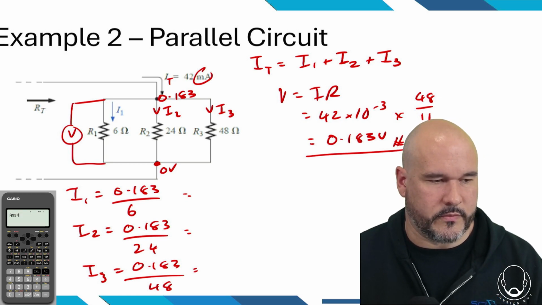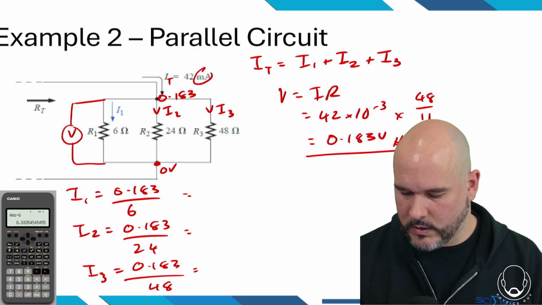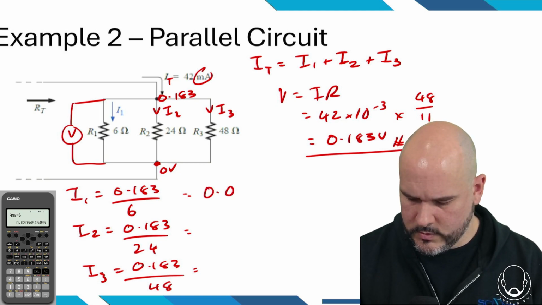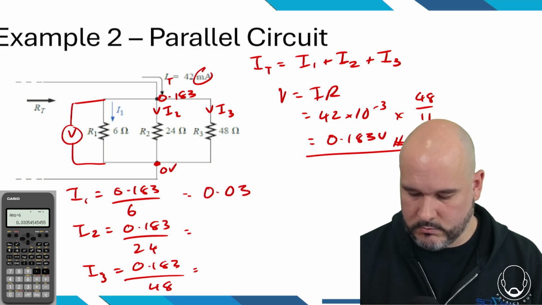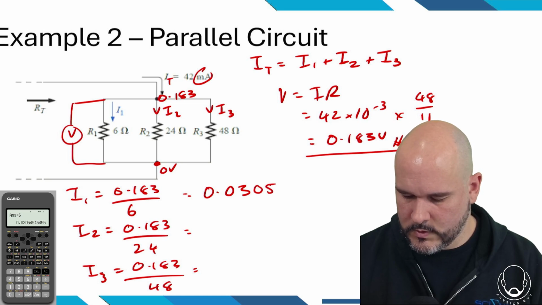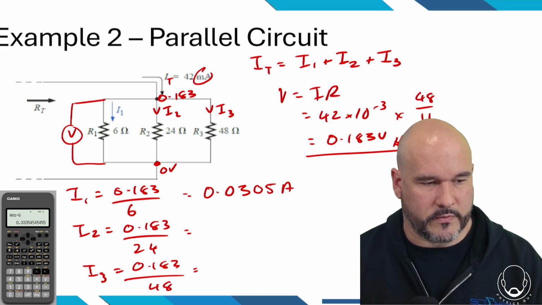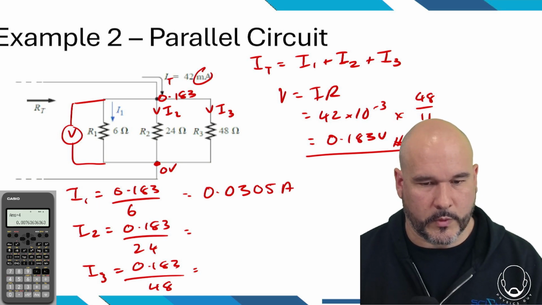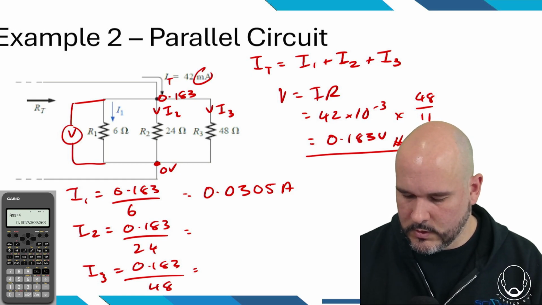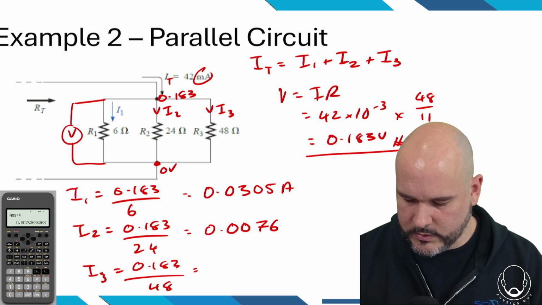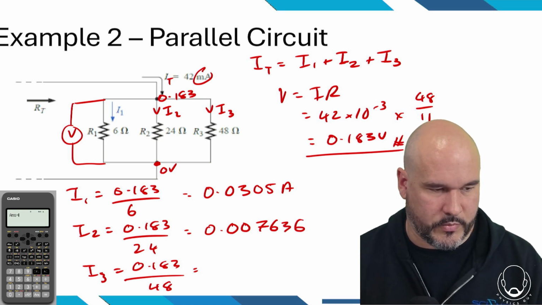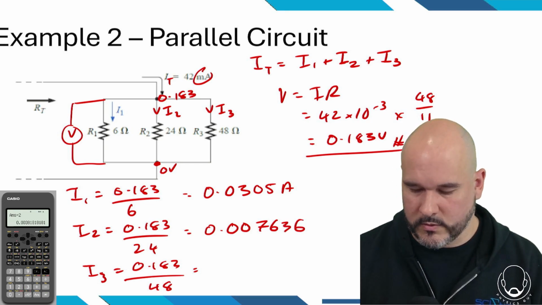So divided by 6, that's going to give me 0.0305 amps. And I'm going to divide that by 4, which will be in total divided by 24, giving 0.007636. And then I'll divide that by 2, which will be in total divided by 48.